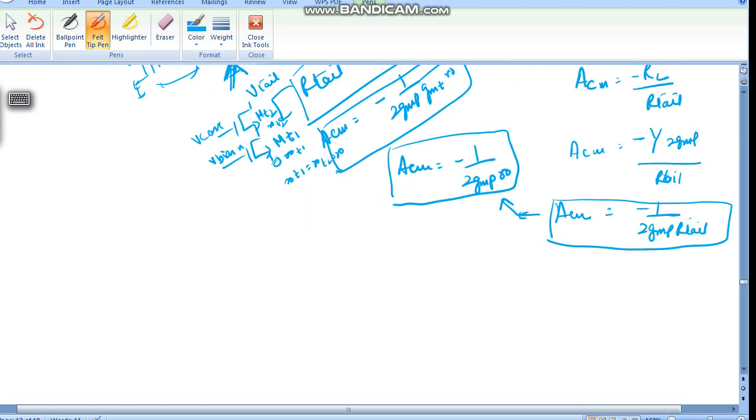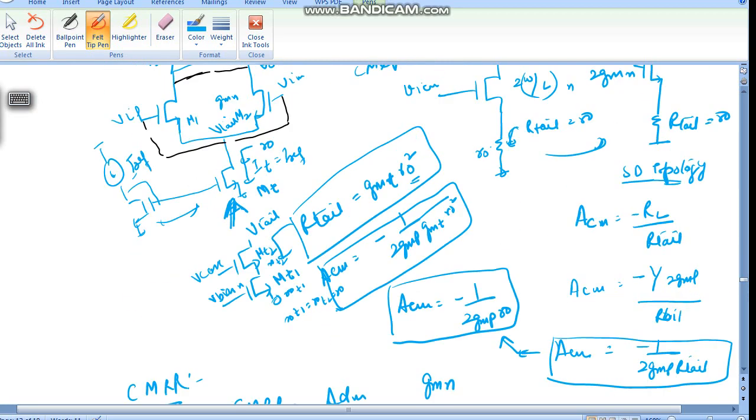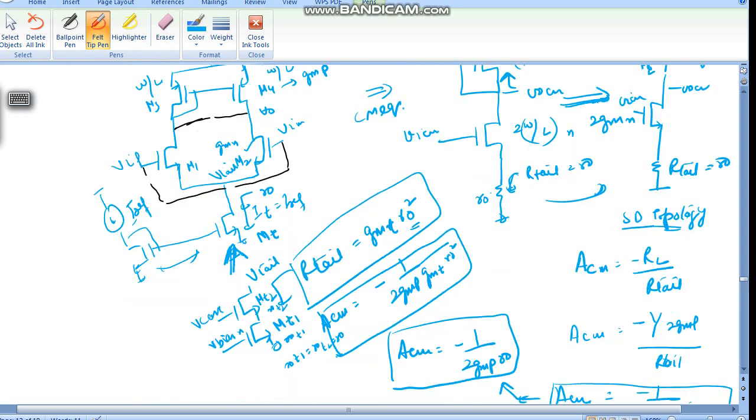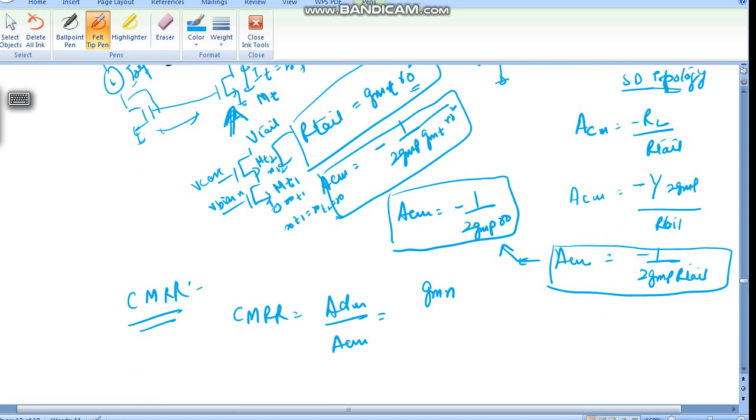Now we find the common mode rejection ratio, CMRR. CMRR is given by the differential mode gain and the common mode gain. The differential mode gain is GMN, this GMN is the input pair transconductance, times ROP parallel RON.